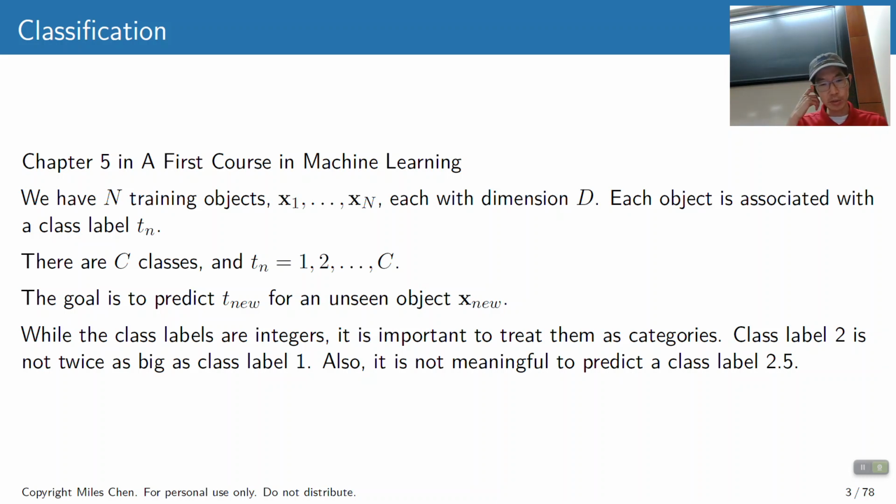This is the notation that our textbook, A First Course in Machine Learning, uses, and a lot of the material we're looking at comes from chapter 5. We have these observations, which they call training objects, in our training data, and we have n of them, represented with these vectors x.